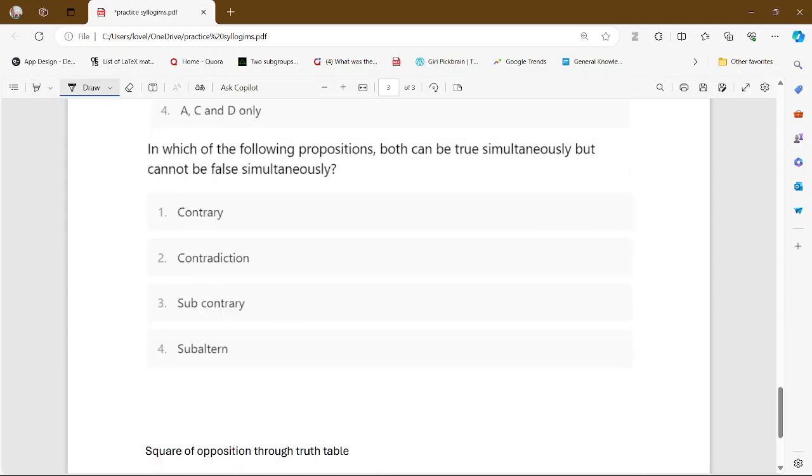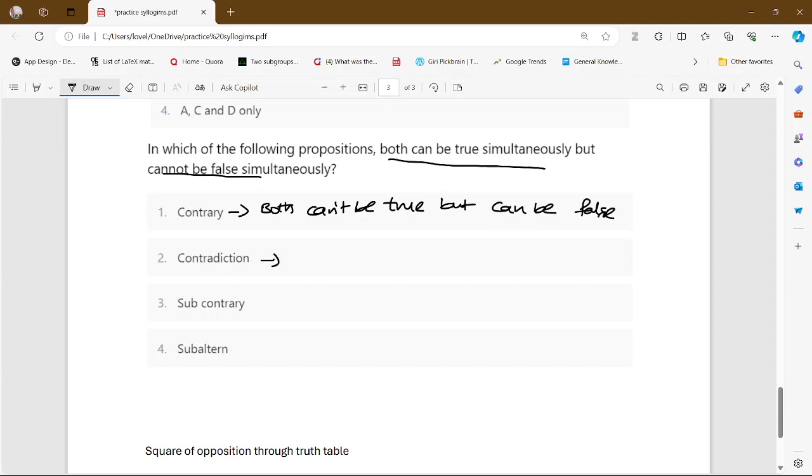Now this is one more type of question. More often they ask this. So I'm just trying to tell you. Contrary means both can be true simultaneously but cannot be false simultaneously. Contrary statements will look like, both can't be true but can be false.